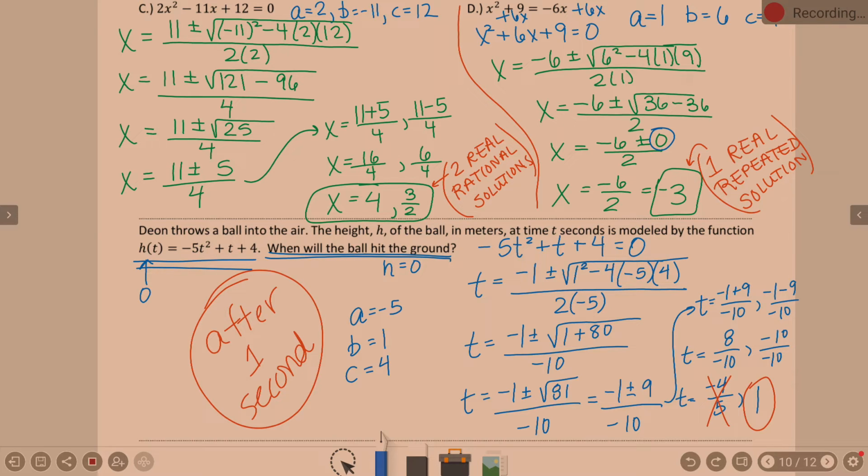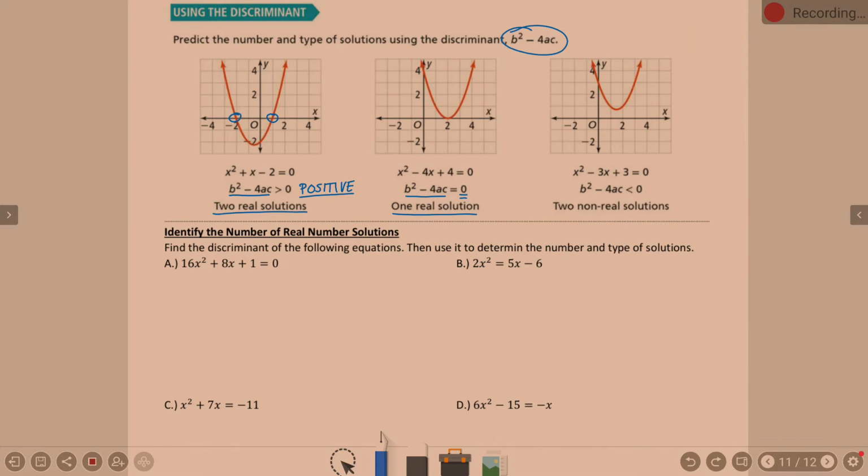Okay, so we got one repeated solution. And then the other option. A number can be positive, it can be 0, or it can be, what's less than 0 going to mean? Negative. And before I forget, realize the one real solution here is the one place my graph touches the x-axis, right? So it's when your vertex is on the x-axis.